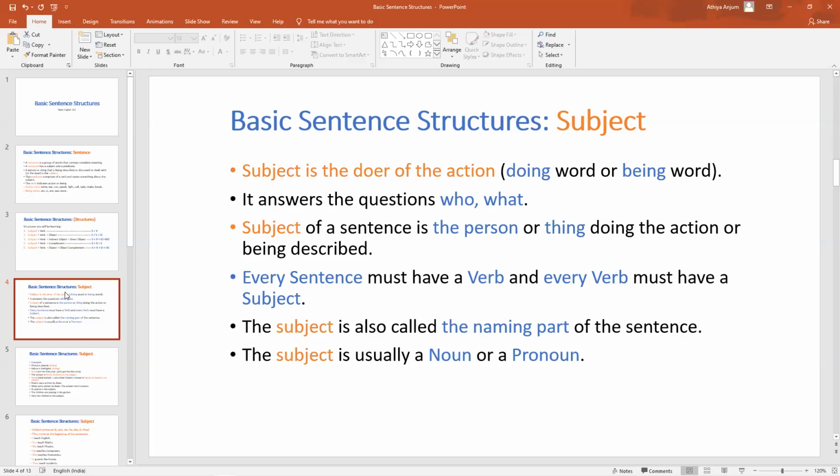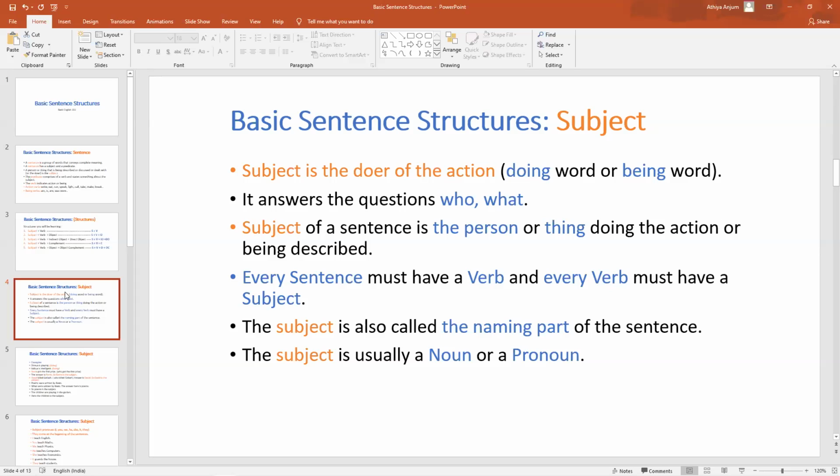So every sentence must have a verb and every verb must have a subject. So already I told you in the very beginning that a sentence comprises of a verb and the verb must have a subject. So you have the subject and the verb which form the parts of the sentence, and these are compulsory.